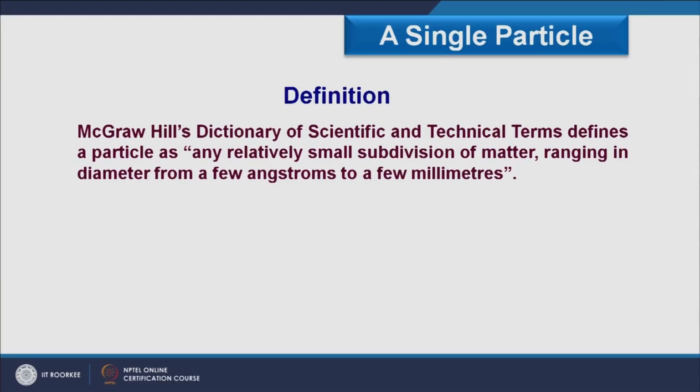Now before starting with the size and shape of a particle, let me define what a single particle is, what we call a particle. McGraw-Hill's Dictionary of Scientific and Technical Terms defines a particle as any relatively small subdivision of matter ranging in diameter from a few angstroms to a few millimeters. So you can understand it is a small part of the complete matter, and it may have different diameters.